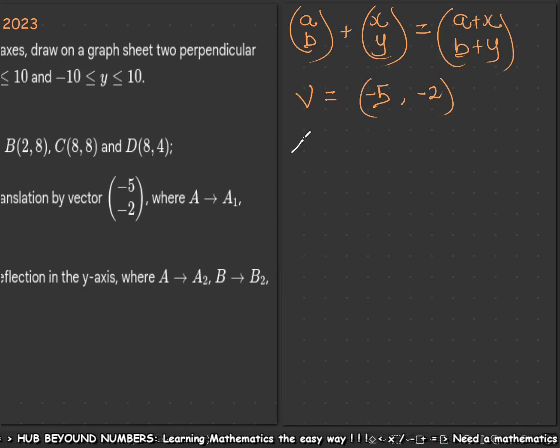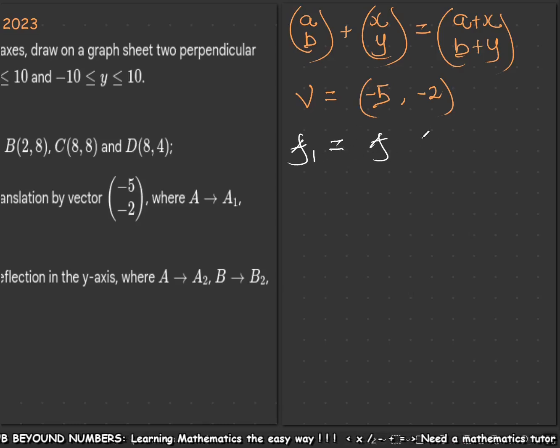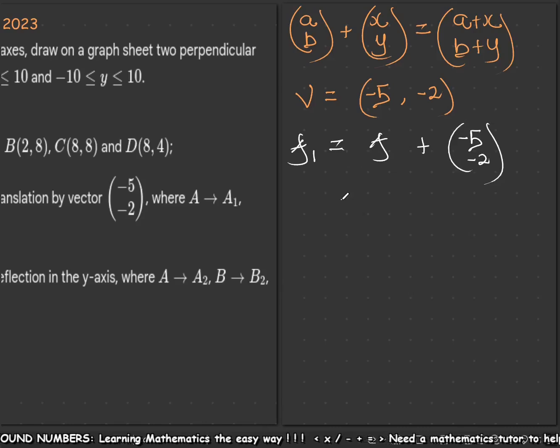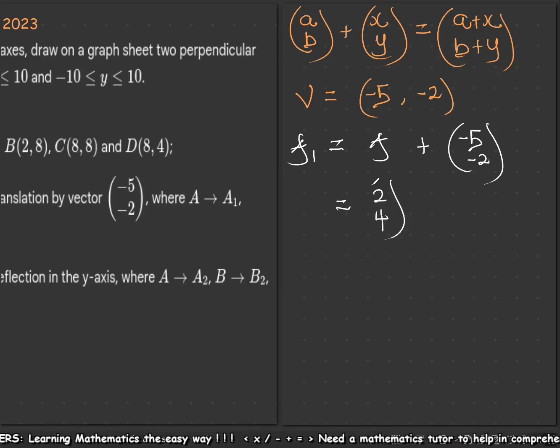In that case, for our A1, remember they said A maps to A1, A1 is going to be the coordinate of A plus the translation vector (-5, -2). We know the coordinate of A to be (2, 4), so we have (2, 4) plus (-5, -2).